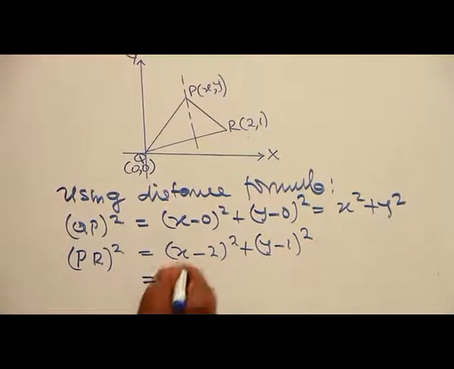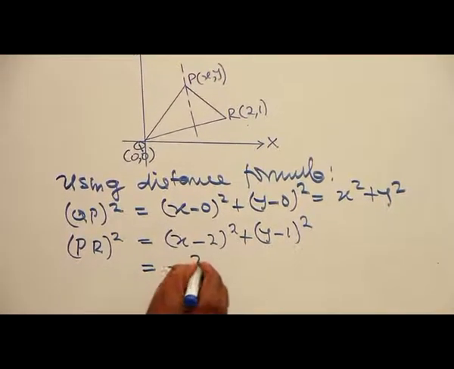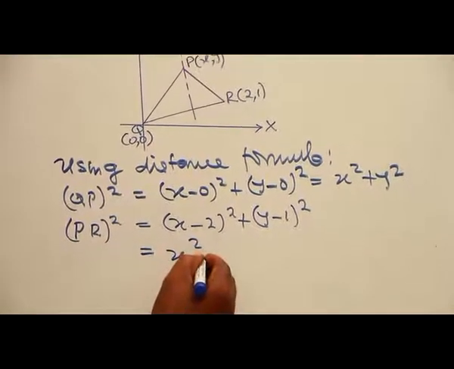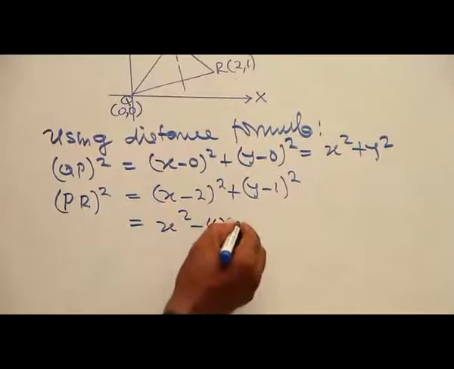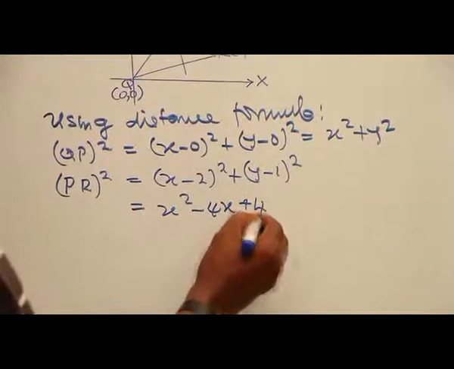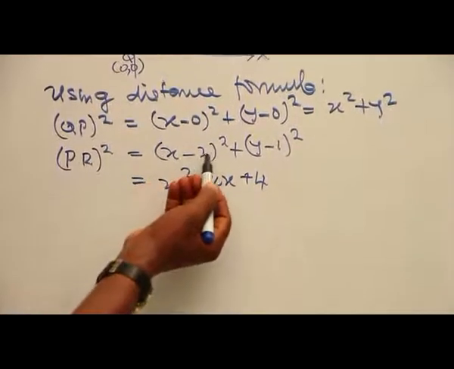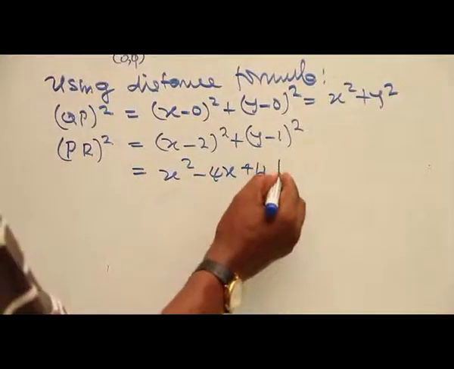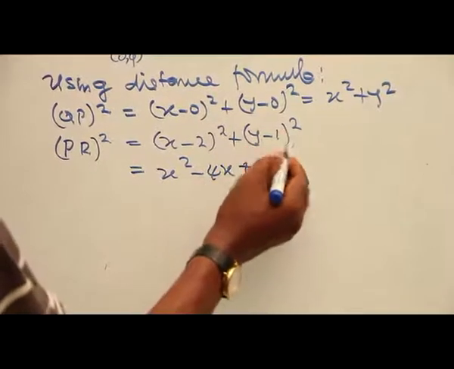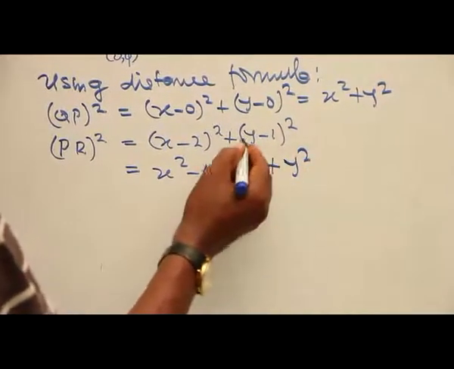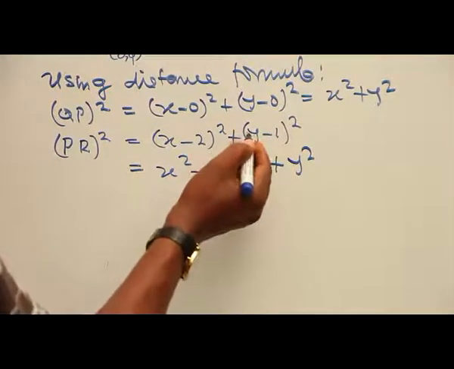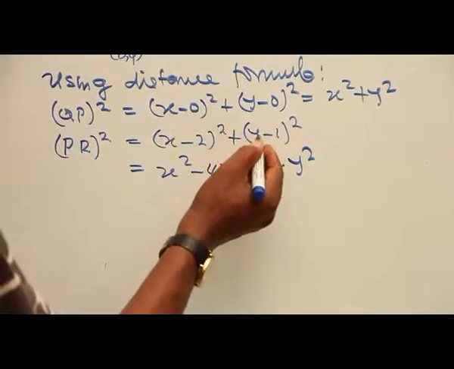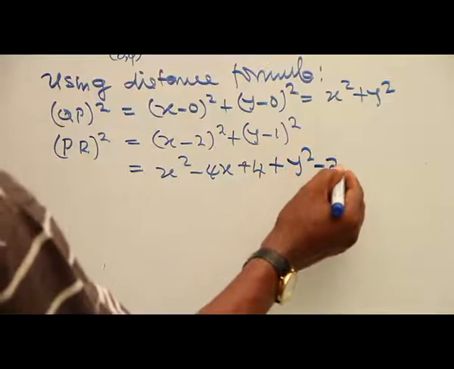Now we simplify this to give you x squared minus 4x plus 4, expanding x minus 2 squared, plus, I will expand this one, y squared, y times minus 1 is minus y, minus 1 times y is minus y, so minus 2y.